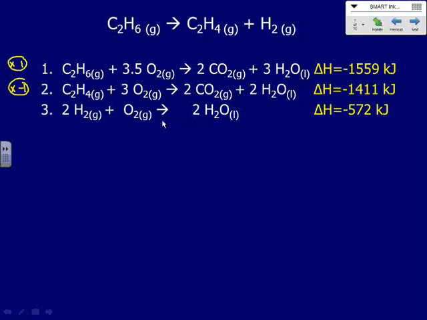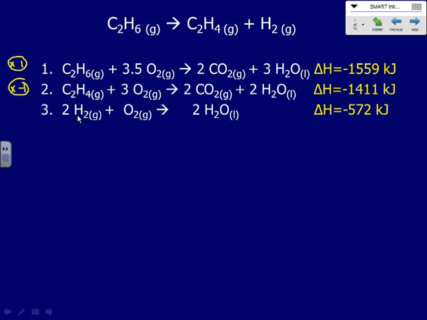If we now take a look at the final reaction, we will notice that hydrogen is a product with a coefficient of 1. In my third reaction, I have hydrogen as a reactant, but with a coefficient of 2. That means I need to flip this reaction, multiplied by -1, and I also need to divide this reaction by 2 so that my 2H2 becomes 1.